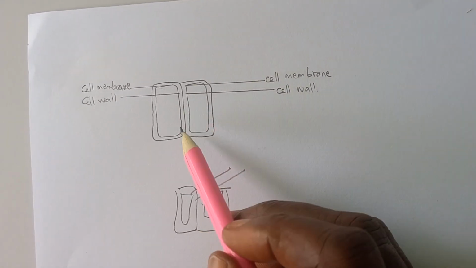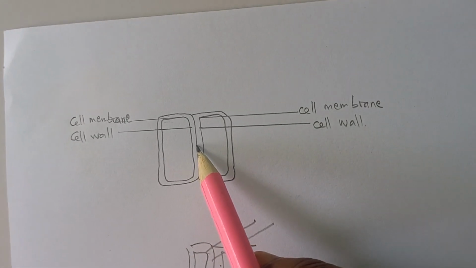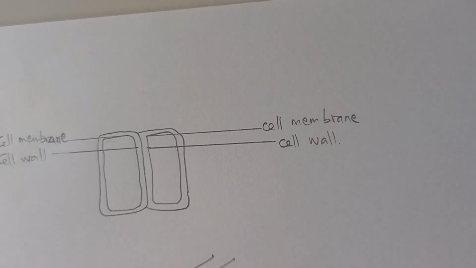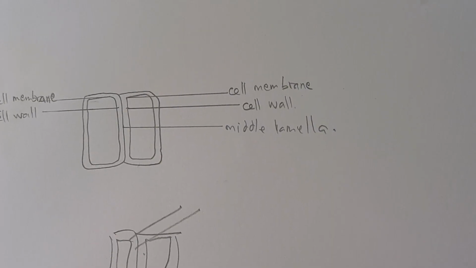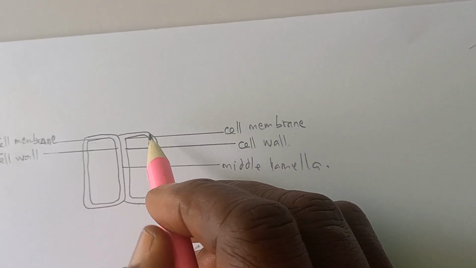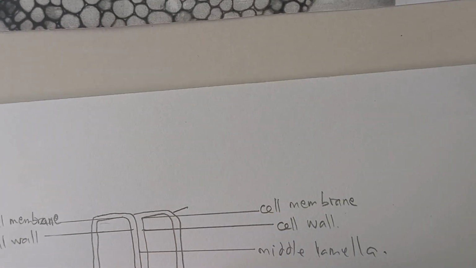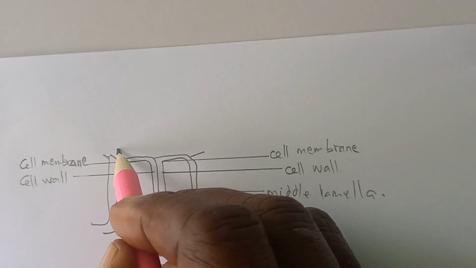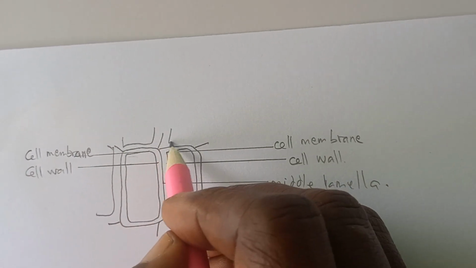And so in plant cells, you always have a middle lamella, which is this one. So that is the middle lamella. And plant cells, usually there are other cells around. So we put in the markings for the other cells. There are other cells around.